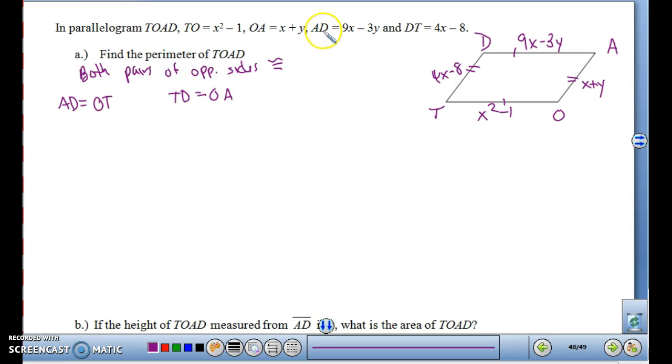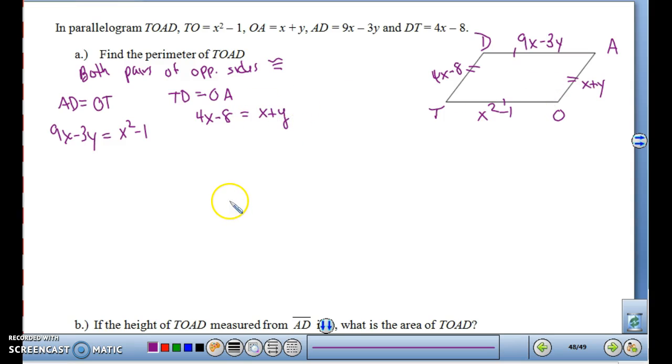Now, since we have two variables, we need two equations. So we have AD is 9x minus 3y will equal OT, which is x squared minus 1. And then TD is 4x minus 8, and that equals OA, which is x plus y.